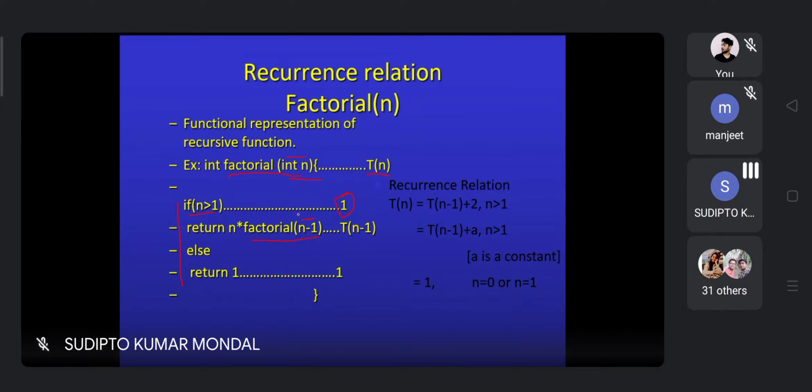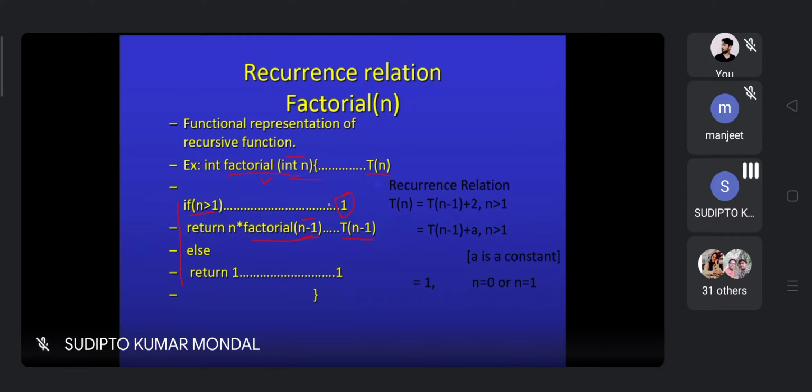Next, return n into factorial n minus 1. How many times will I execute this n into factorial n minus 1? Again, it's a function call. Just like factorial of n previously takes T of n time, because we are changing the parameter to n minus 1, it will take T of n minus 1 time.